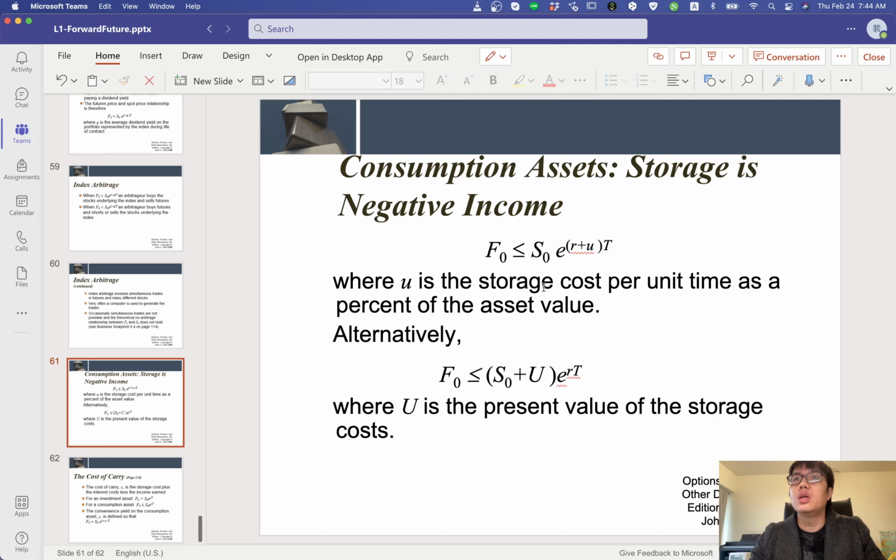If u is a percentage, you can put it into the power, so instead of r minus q we have r plus u. If u is in dollar units, you can put it in as S plus u. But remember this is not exact; sometimes it could be lower.